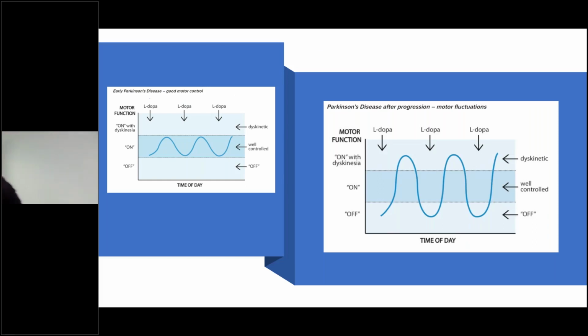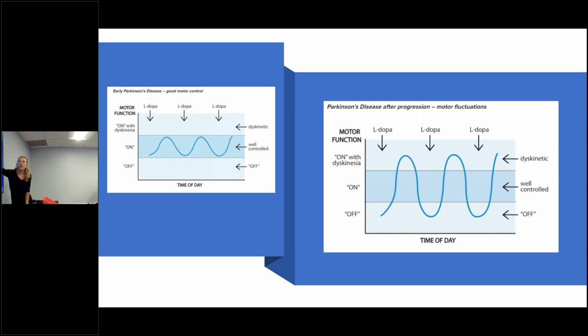After progression and a person develops motor fluctuations, one day, same person years later, they take their dose in the morning when they're slow, stiff, and they're off. Now their dose may be bigger, so their dopamine levels rise higher.